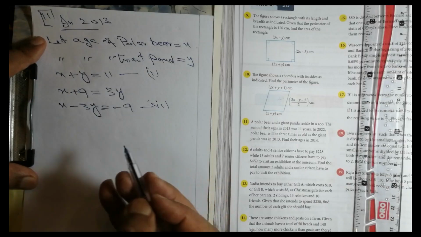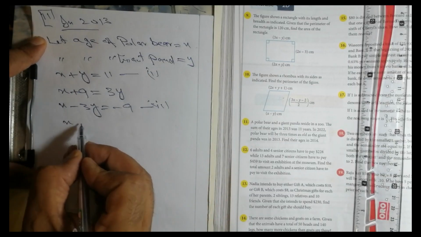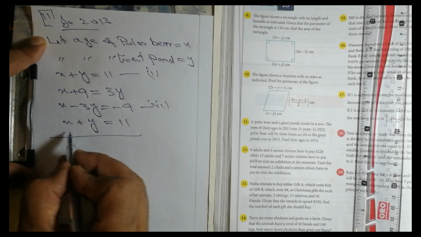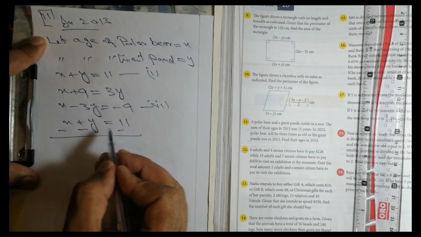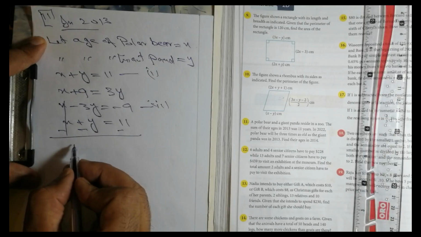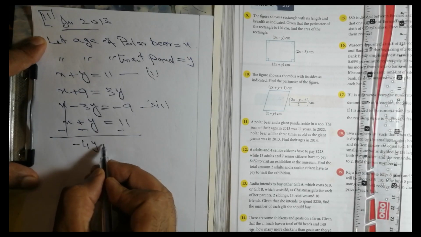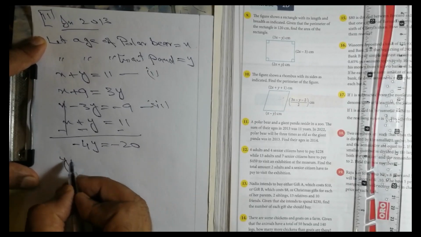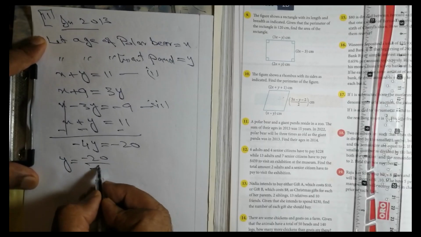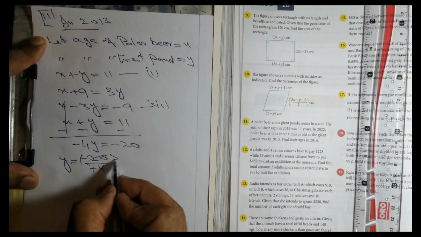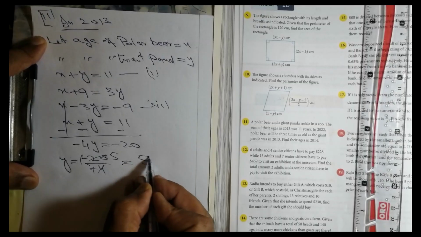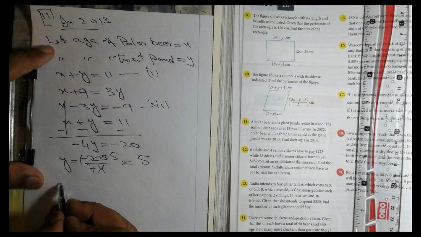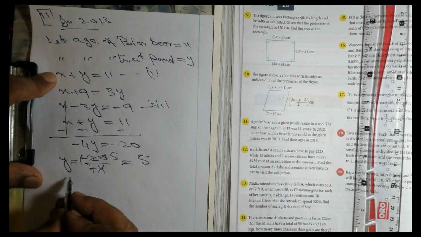So now solve equation 1 and 2. x plus y equals 11, x minus 3y equals minus 9. Minus minus, cancel: minus 4y equals minus 20, and y will be equal to minus 20 over minus 4. 4 fives are 20, that is y equals 5. Put the value of y in equation number 1.